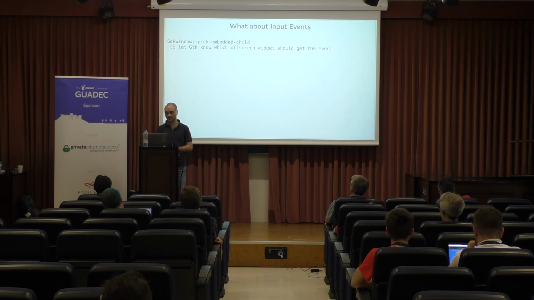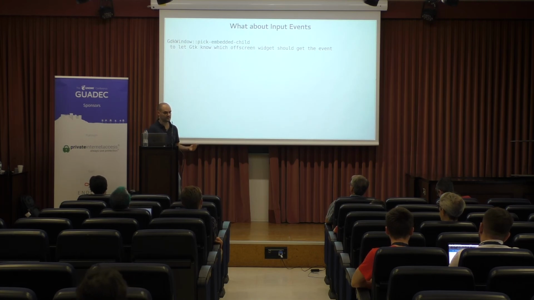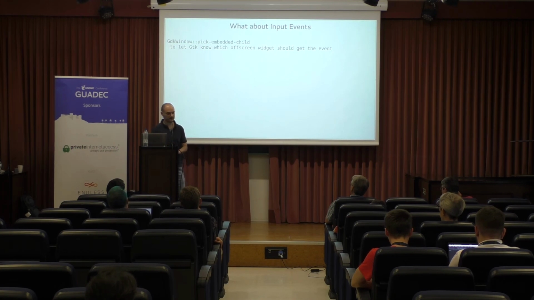The other part is how to properly handle input events. My first attempt was to listen to events in the DOM element and then marshal them back to the application. But then I remembered that GTK actually has a nice way to get events before they reach the web view.